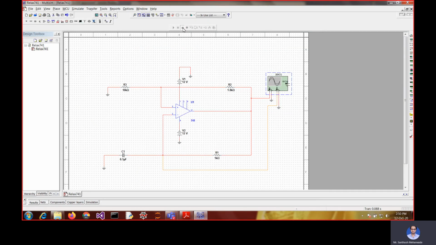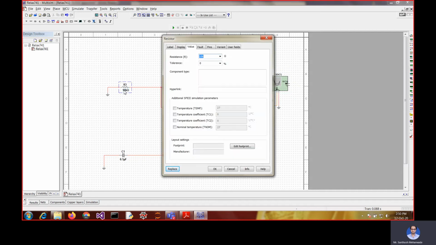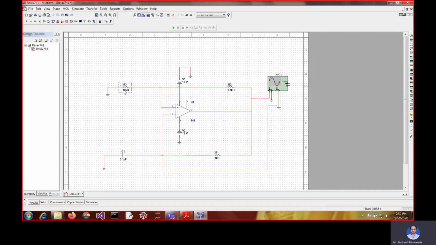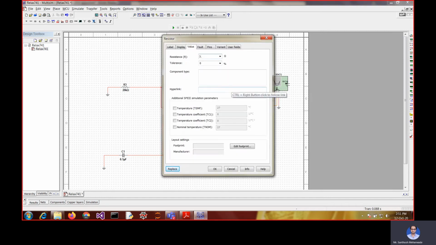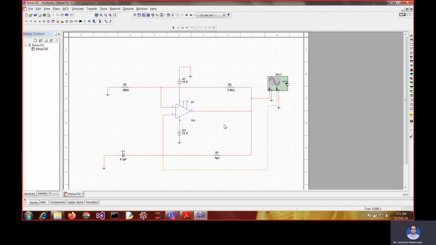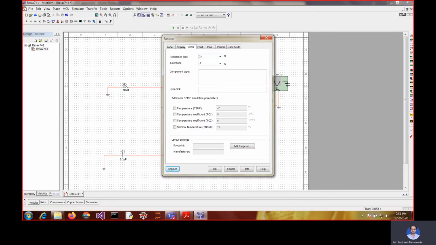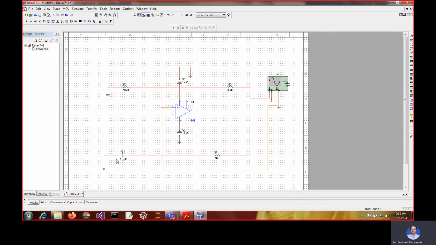Let me stop this. Next I'm going to double the resistance values: 10k becomes 20k, 1.8k becomes 3.6k, and 1k becomes 2k. The capacitor value stays as it is.